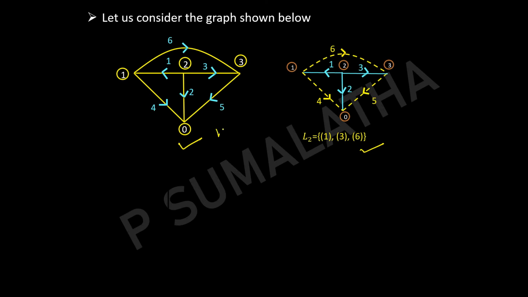We have number of nodes n equal to 4, so 4 minus 1 is 3. So we will take 3 branches to form the tree, and the tree should not have any closed paths. We have taken the tree formed by branches 1, 2 and 3, and the remaining lines we have considered as the links.